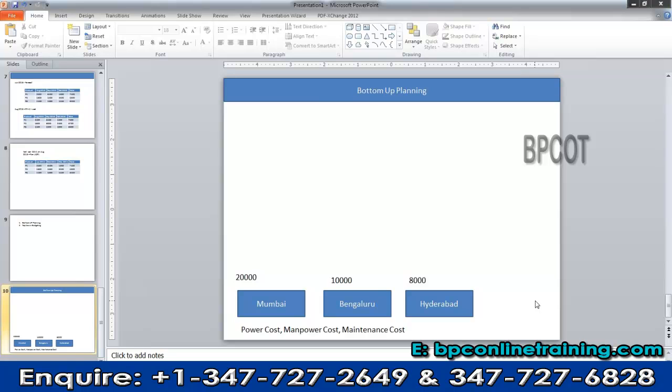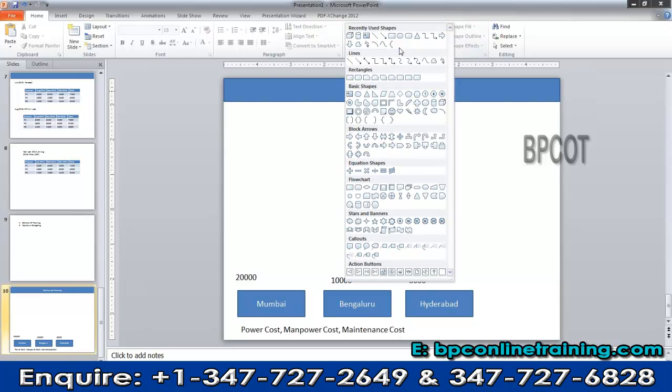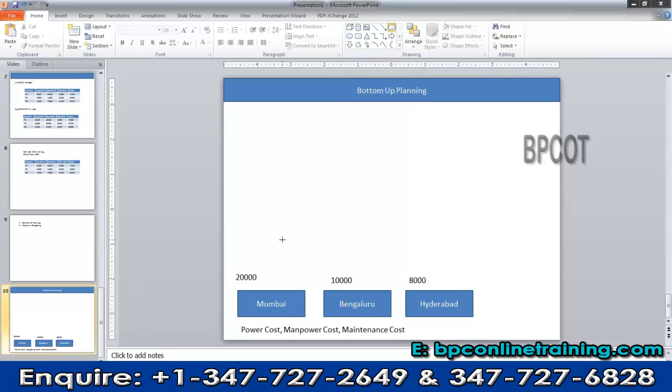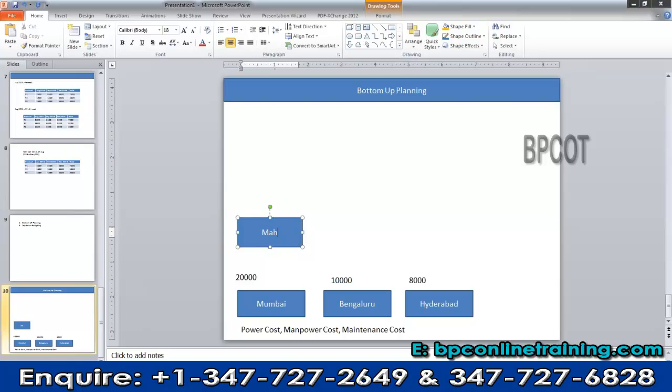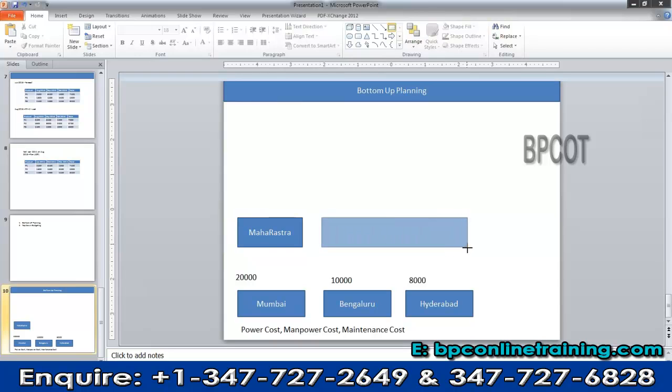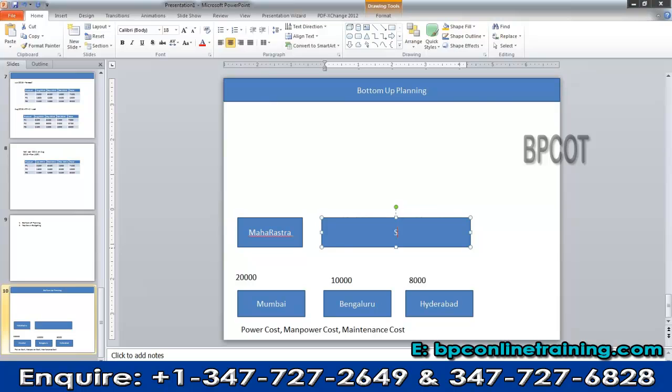Right? So all these three have circles. The circle is above the city. A combination of cities comes under one circle. This particular Mumbai comes under the Maharashtra circle. Bengaluru and Hyderabad, suppose, come under the South circle. Correct?